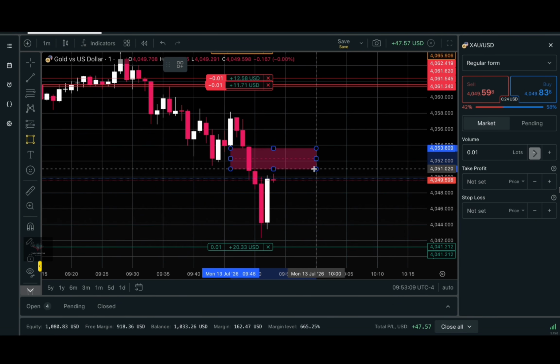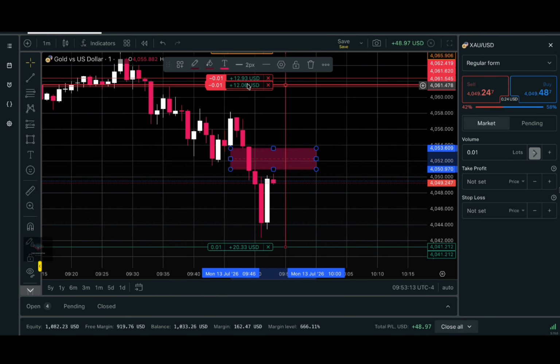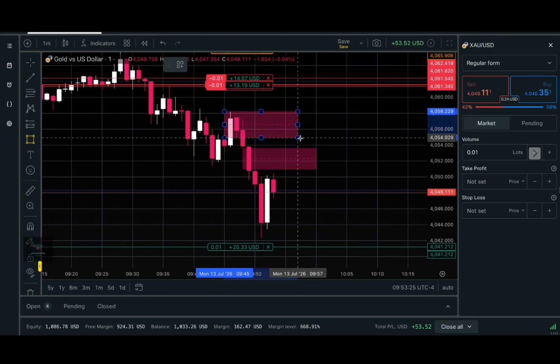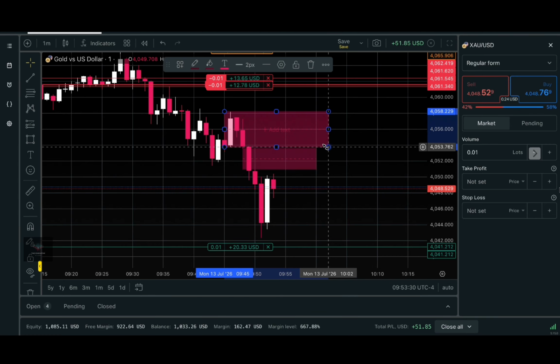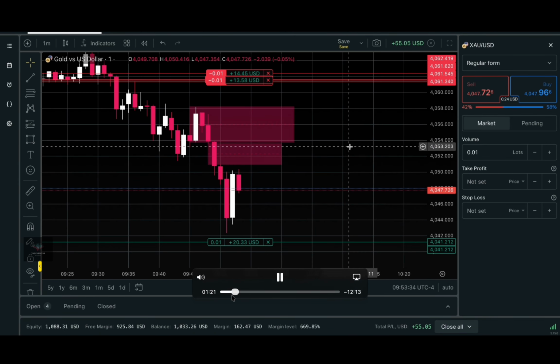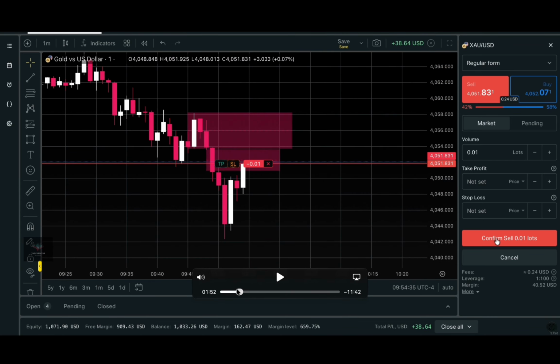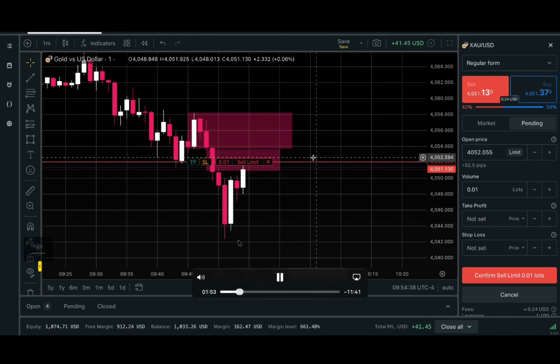It will fill in that gap, I think, or maybe not. Let's see. Yeah, it did fill in that gap.